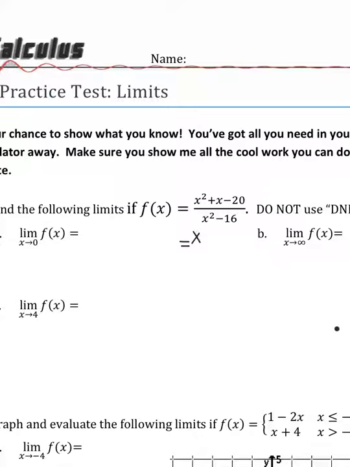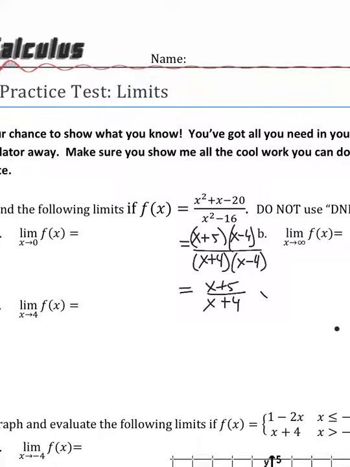This is going to be (x plus 5) times (x minus 4) all over (x plus 4) times (x minus 4). Okay, so this is equivalent to (x plus 5) over (x plus 4) at all places but 4.